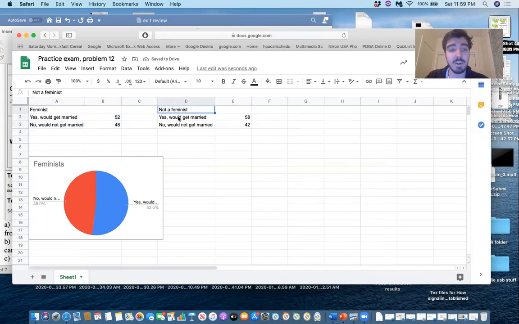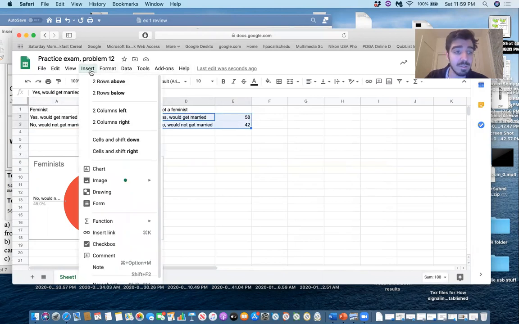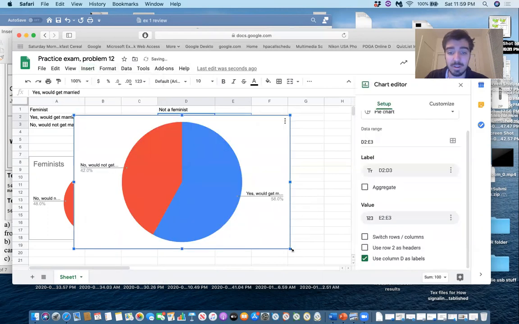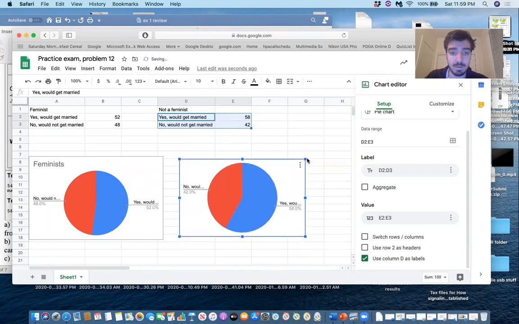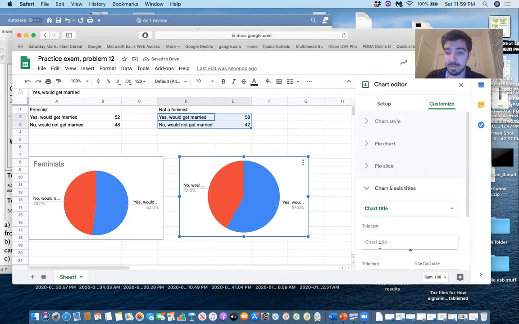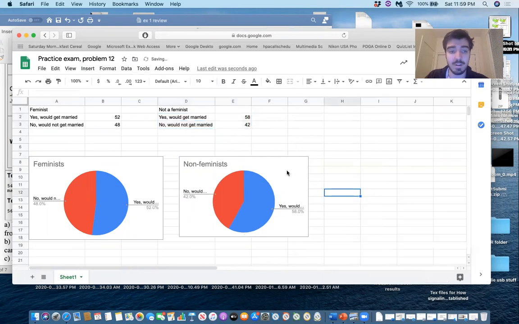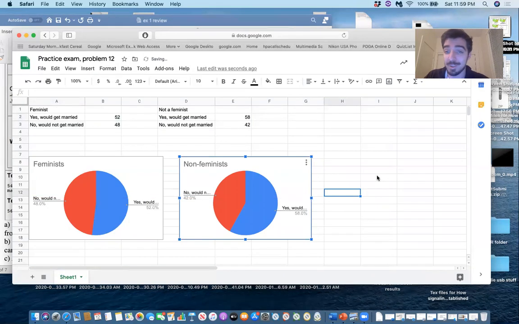And then we can also make a chart for the people who do not identify as feminists. So insert chart. Okay, very nice.